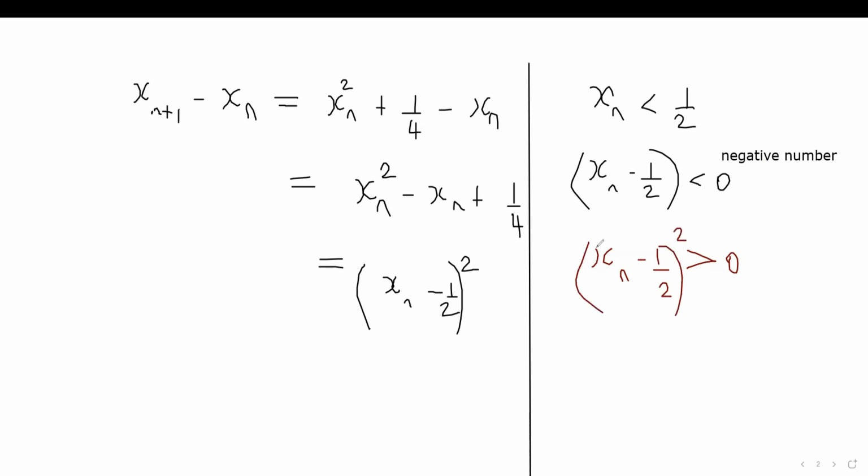But then x_n minus a half squared was x_{n+1} minus x_n, and this is greater than 0. So now we can bring over the x_n to get x_{n+1} is greater than x_n. And so this is how we end up saying x_n is less than x_{n+1}.